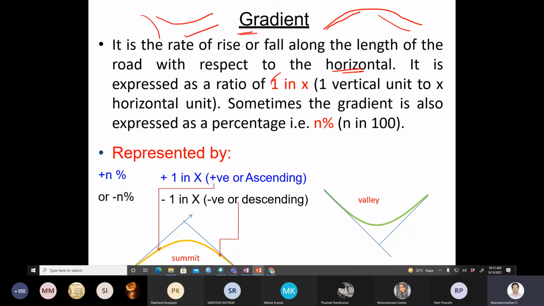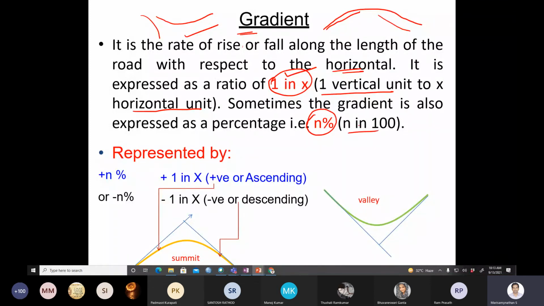The simple understanding is 1 in x. If we increase 1 unit vertically, how much increment or decrease we need to provide with respect to the horizontal unit, that is what we define as the gradient. It might be expressed as 1 in x or as a percentage.